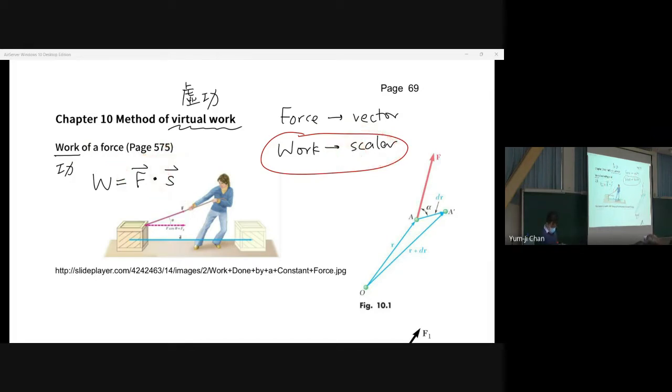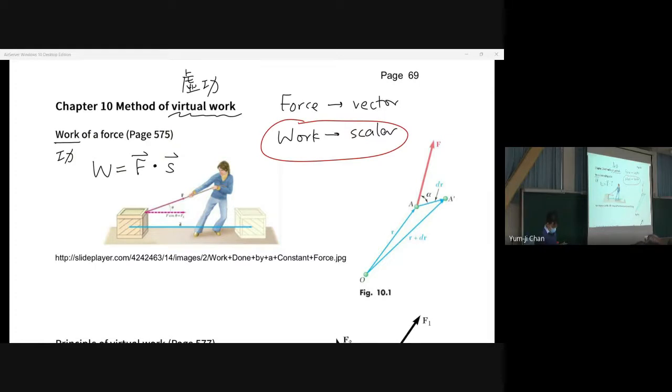And remember, in this course, work involves the direction of force and the direction of displacement. They don't need to be in the same direction.